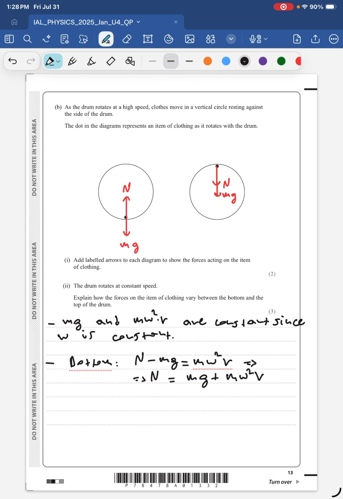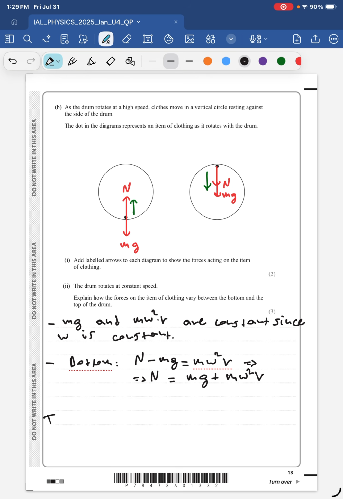How do we know that we have to subtract M times G from N? It's because we need a centripetal force pointing inwards, and it's the same centripetal force we need in the other occasion, because we need the sum of all forces to point inwards to have a centripetal force. Otherwise, the object is going to fly off. Okay, so that's the bottom.